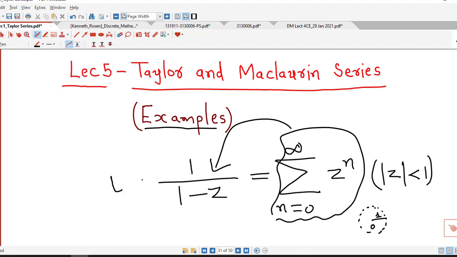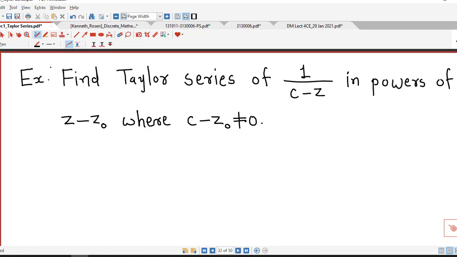So we are going to use this standard Maclaurin series known as the geometric series of this function, but we will keep in mind that we must have this quantity in such a way that its absolute value is less than 1. So with this in mind we consider this example.